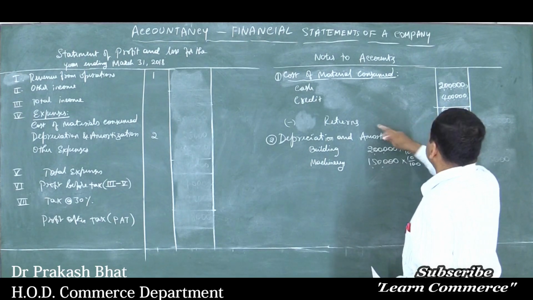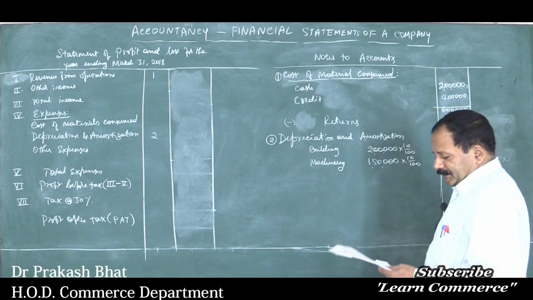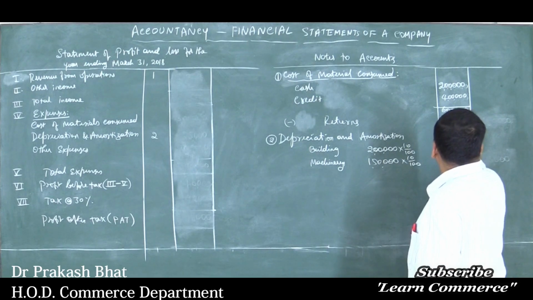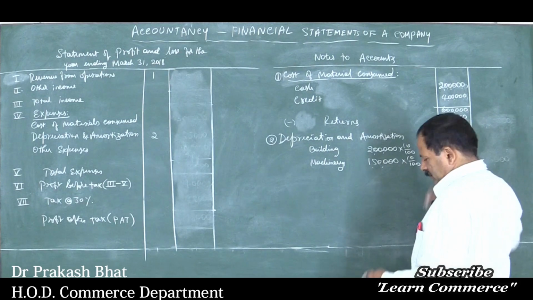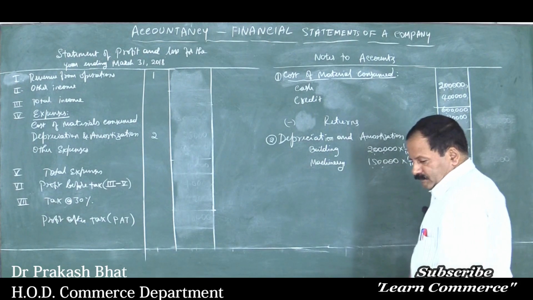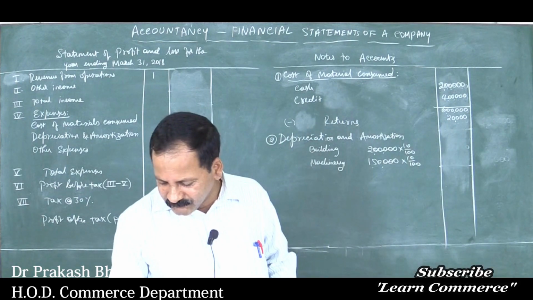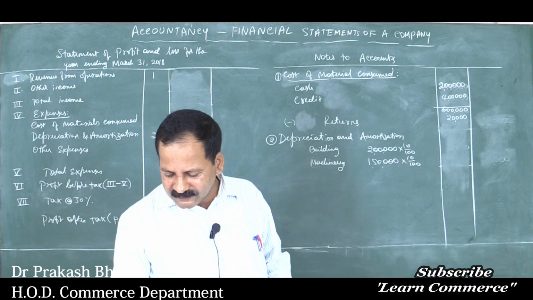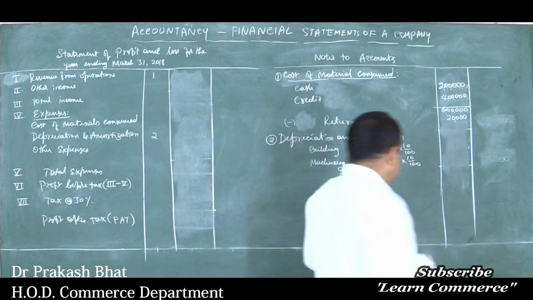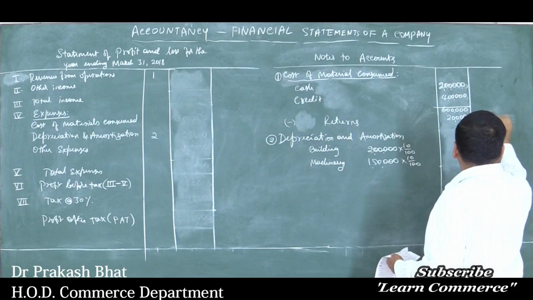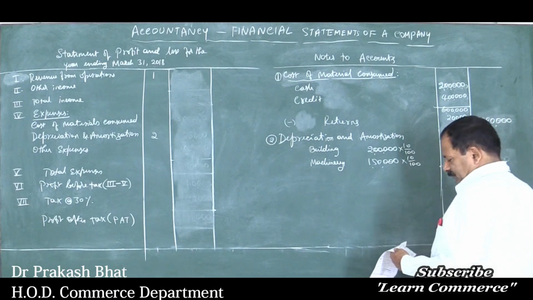How much are the returns? Returns is 20,000. So cash purchase 2 and credit purchase 4, total 6, minus purchase returns 20. So 5,80,000 is the answer, correct?